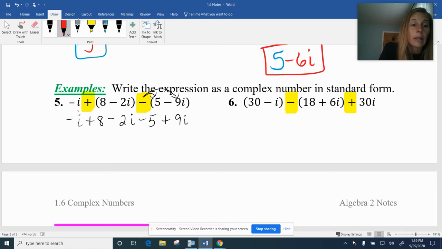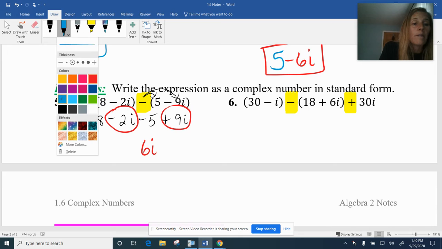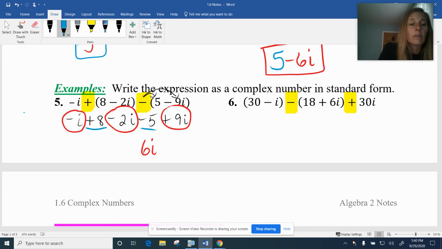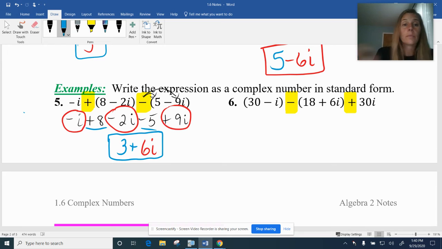Then I'm going to combine my like terms. So as far as the i's are concerned, negative 3 plus 9 would be 6i. And then for my constants, or my real numbers, 8 minus 5 is 3. And notice that I'm going to put it in the front because that is the standard form.